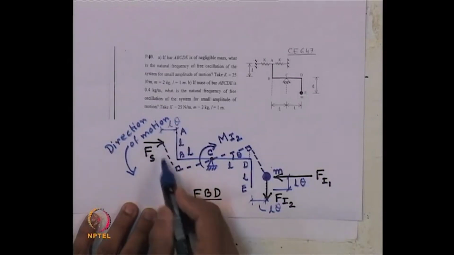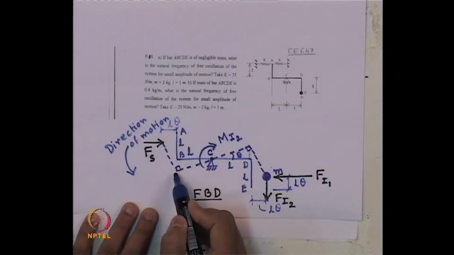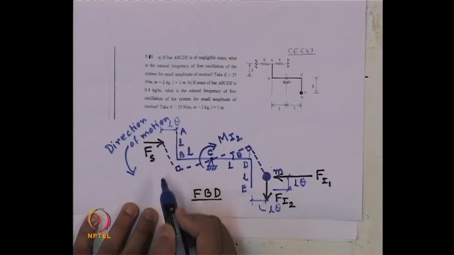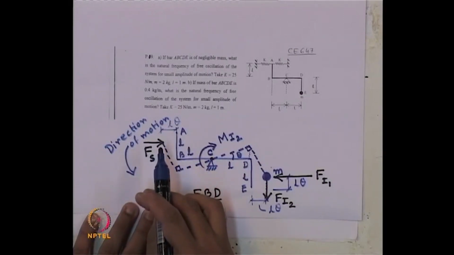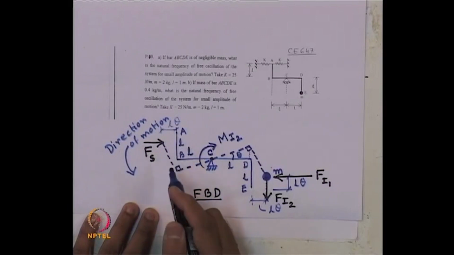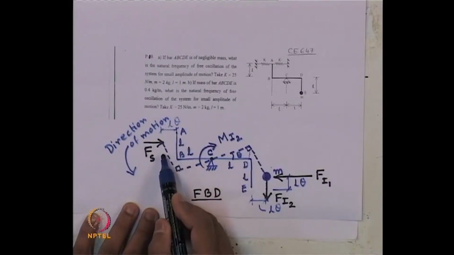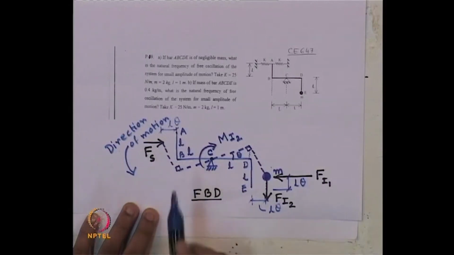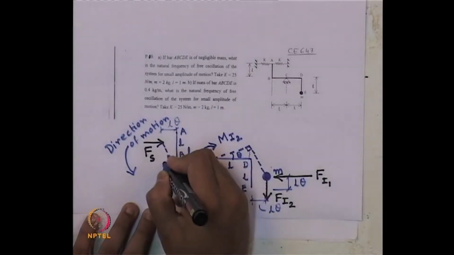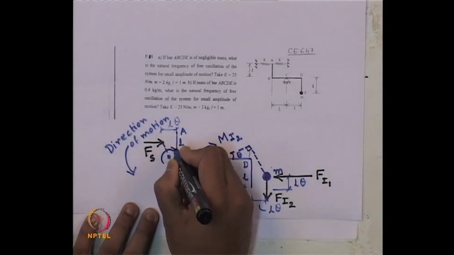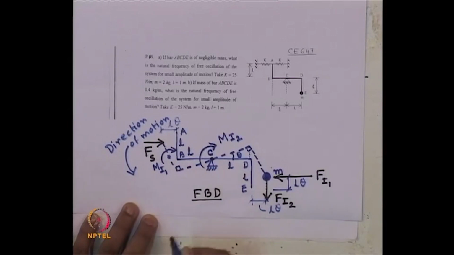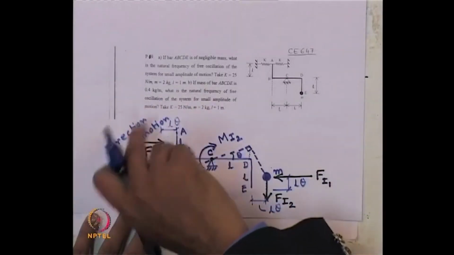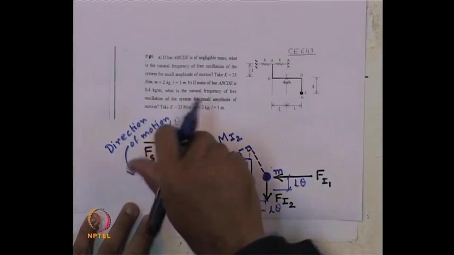Now, for segment AB, what has happened to this bar? About its center it has been rotated, and it has also moved both horizontally and vertically. So about its center point, what inertia forces will act? The torsional inertia, let us denote it as M I 1, will try to bring it back to its original position, which is why it has this direction.